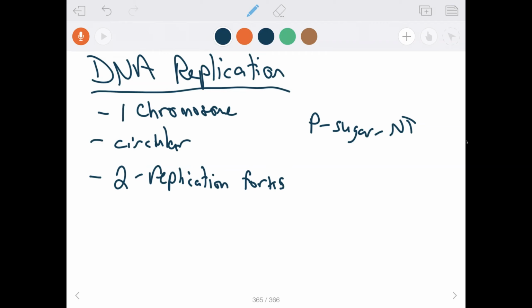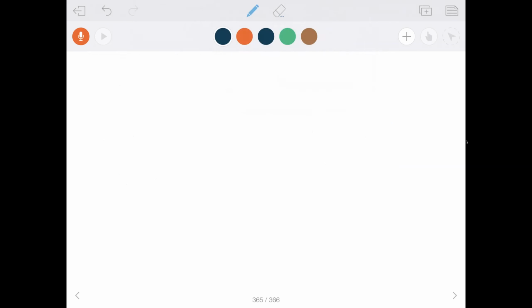Right? So if we're looking at one strand and they all line up like this, that's perfectly fine. Right? We want them to be in a line. But what happens if the opposite strand is in the same direction?